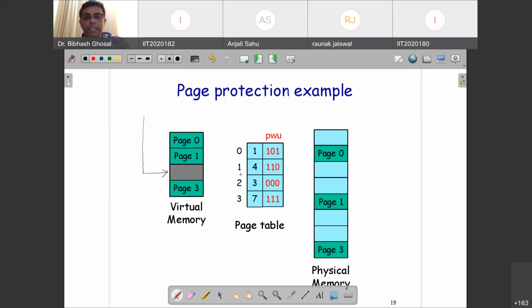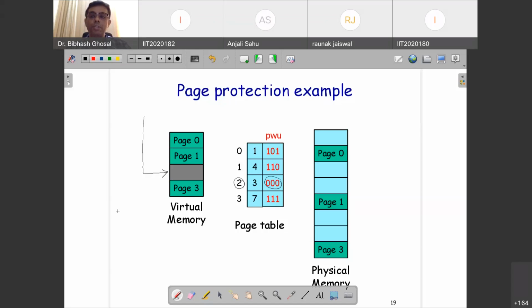When you maintain this information in a page table, you see that the page table will have 4 entries, 0, 1, 2, 3. But this particular entry, page table entry 2, doesn't have any valid page in it. So how do you inform that there is no valid page corresponding to this particular entry of the table?